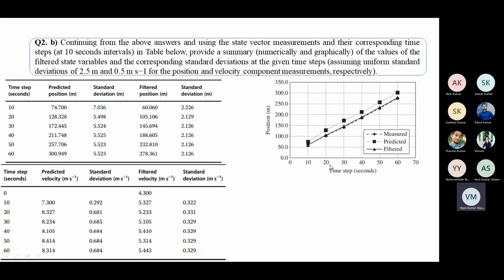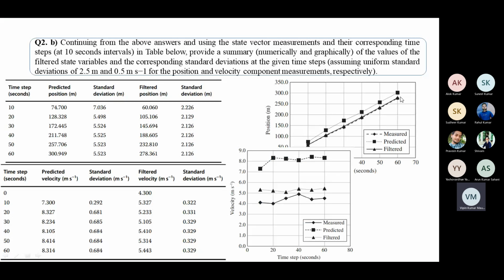You can see in the plot also for position. The diamond shape one was the measured one. The square box one was the predicted one, and this triangle line was the filtered one. So you can see how far the prediction line is, and after correction it is very close to the measured values.